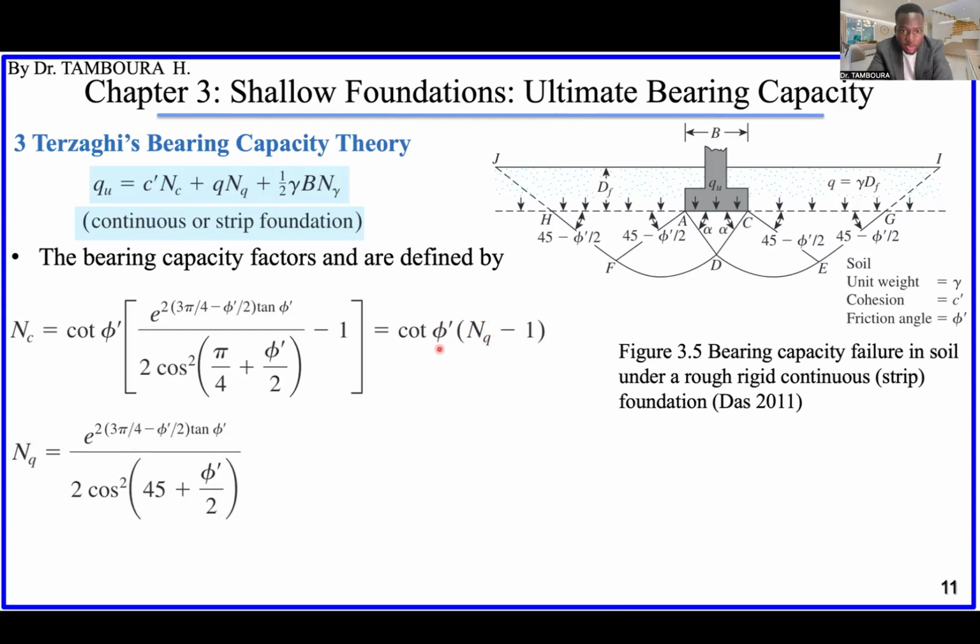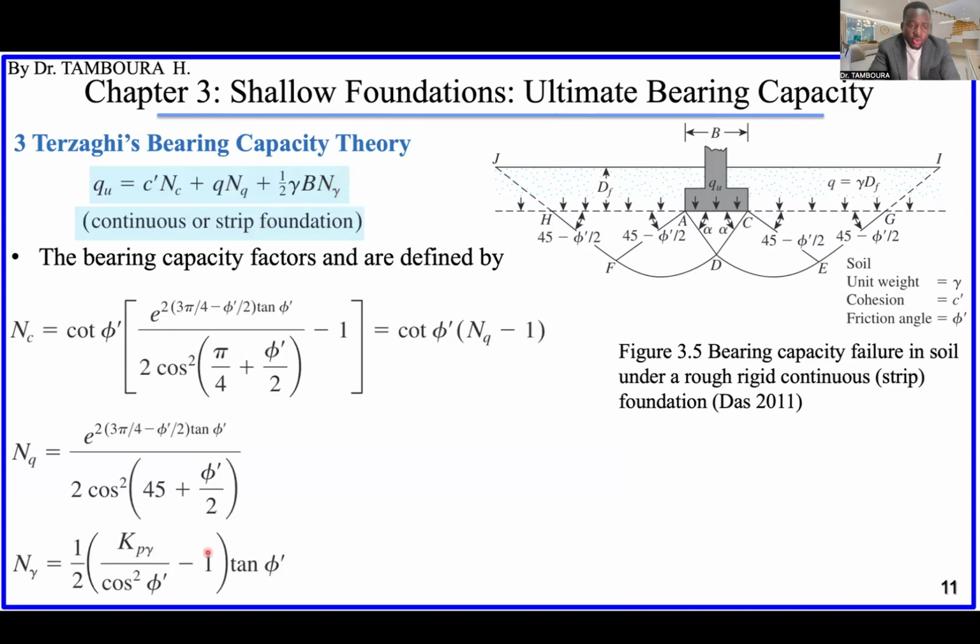I hope you understand this equation. It means you can obtain N_c from N_q also. But the only thing you need is phi, okay? And N_gamma is like this.